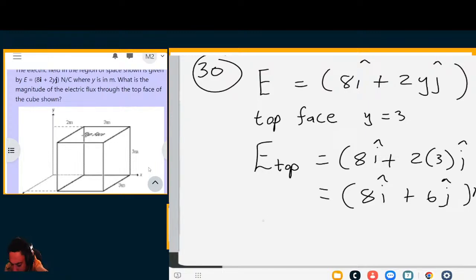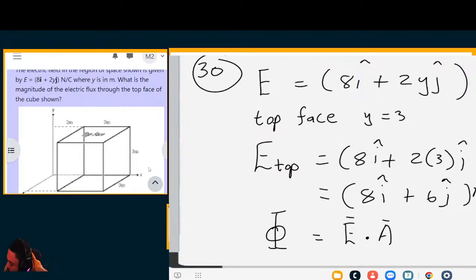The symbol for electric flux is equal to the electric field dotted with the area vector.